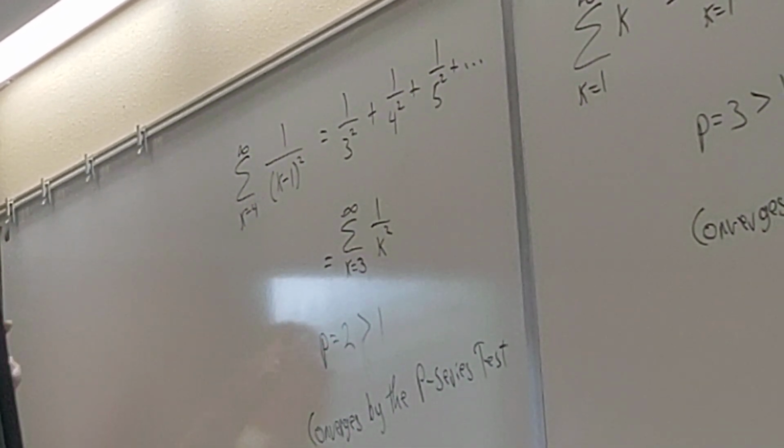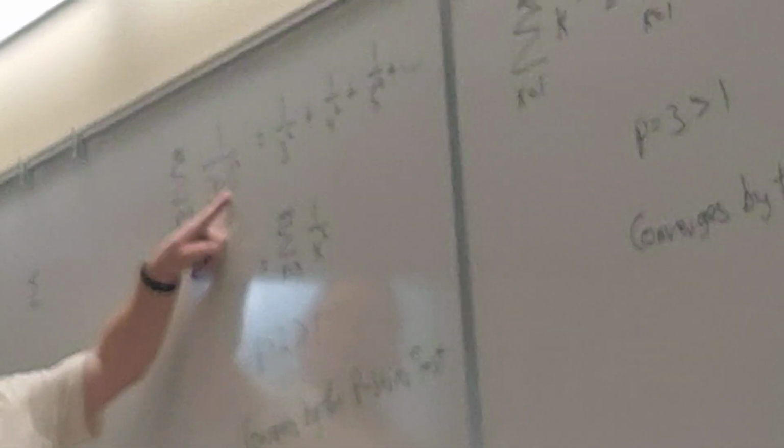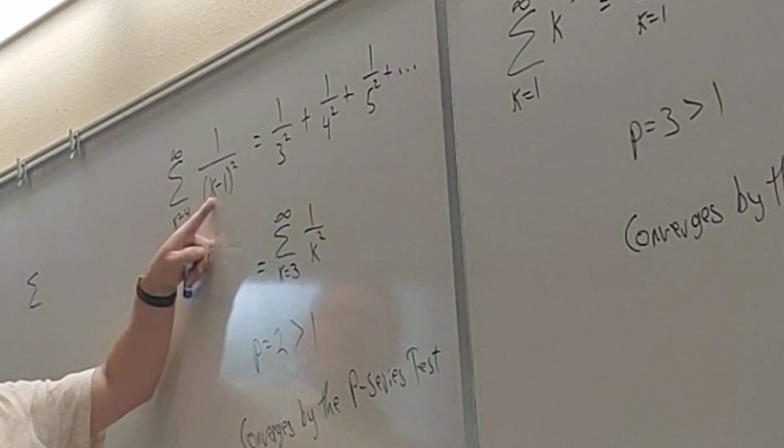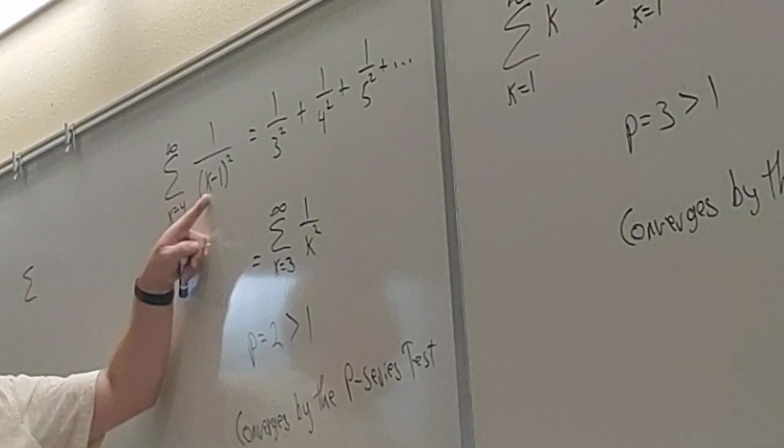Now, let me show you another way to think about that. We could have put, if you want to get rid of this 1, you would make k plus 1, correct? Right? K plus 1 minus 1 would be just k.